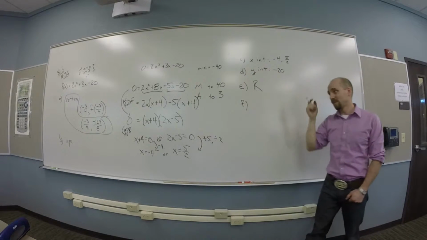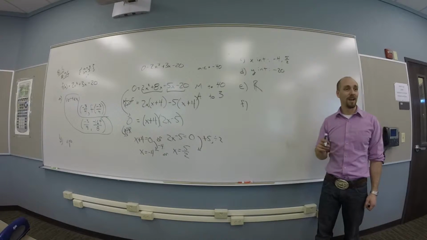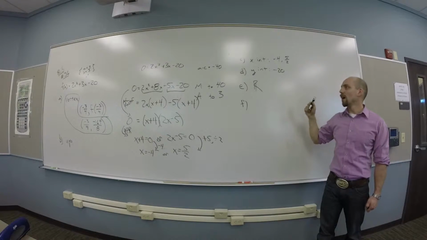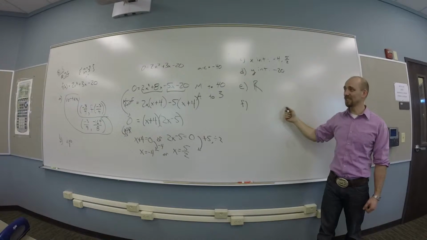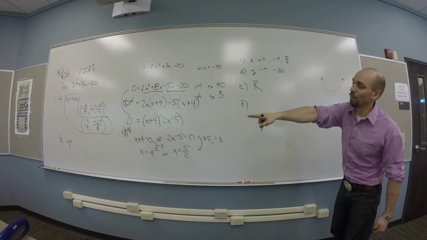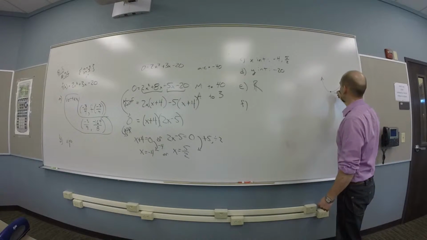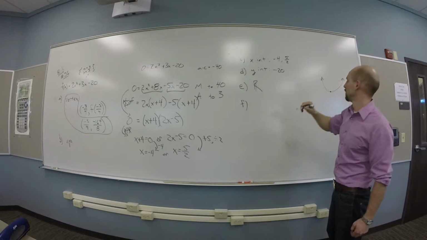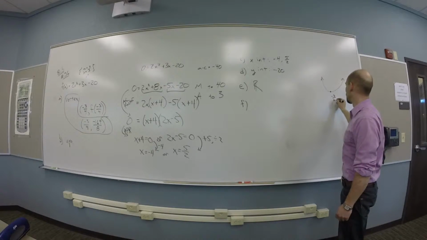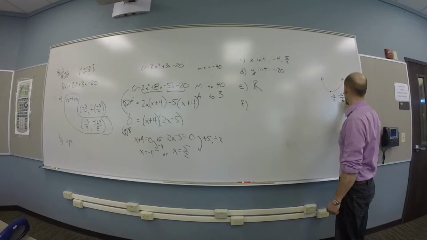How about F? F's the range, right? And so I know that this is a U shape, pointed up, because we already answered part B. And I know the bottom of this U shape is at that -3/4, -169/8 point, right?